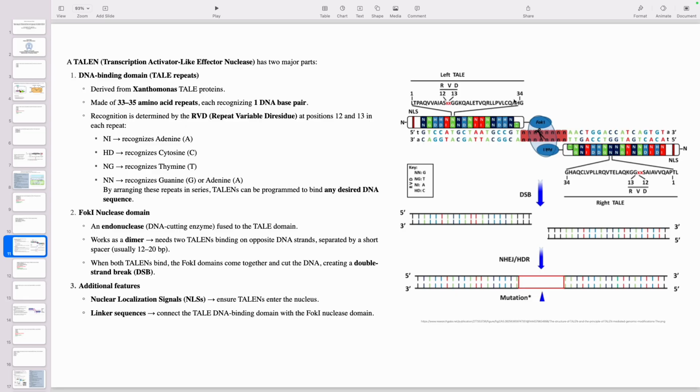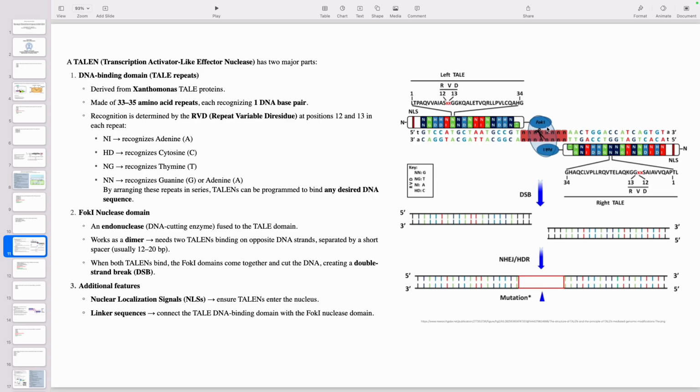In the previous session, we studied the FOK1 endonuclease. FOK1 is an endonuclease, which is a DNA cutting enzyme. It is fused with the TAL protein. Like with the zinc finger nucleases, where we attached this FOK1 endonuclease to the zinc finger proteins, FOK1 endonuclease is also fused with the TAL proteins.